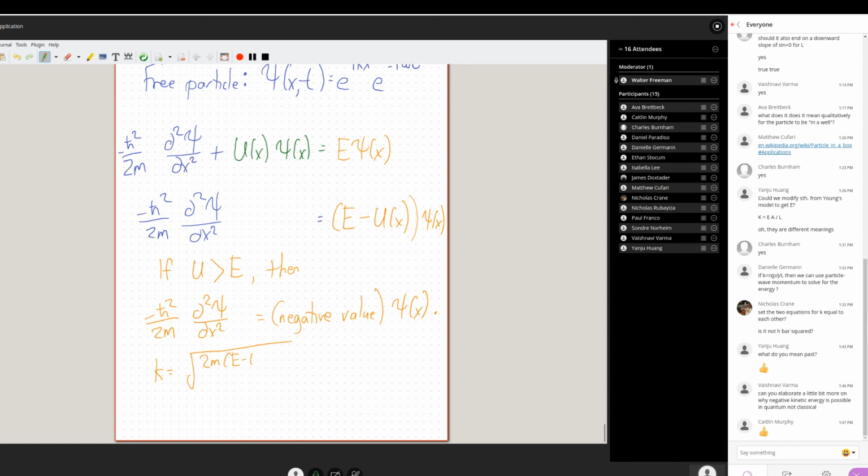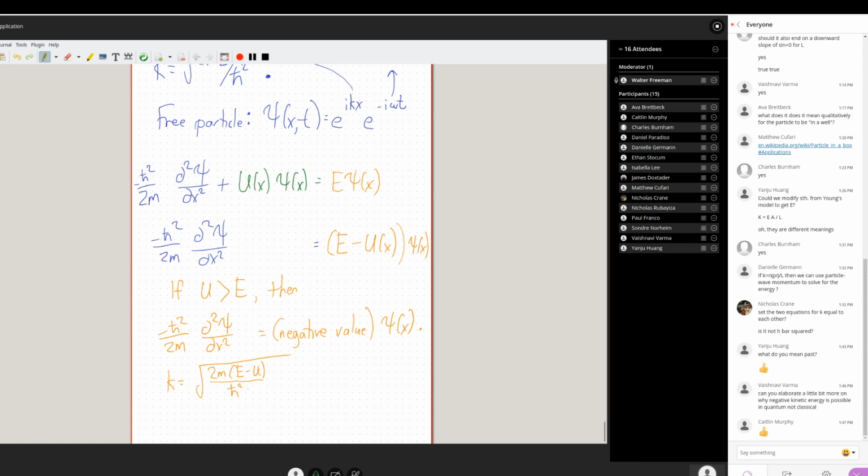This is E minus U, or E, all over h bar squared. And this gives an imaginary k, and our expression for kinetic energy, so this whole thing is just the kinetic energy, becomes negative. We will talk about this more next time.